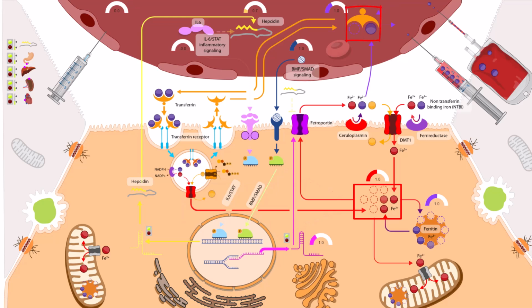Usually, almost all iron ions in the plasma are bound to transferrin. If the body is iron overloaded, non-transferrin-bound iron ions, referred to by the abbreviation NTBI, appear in the plasma.